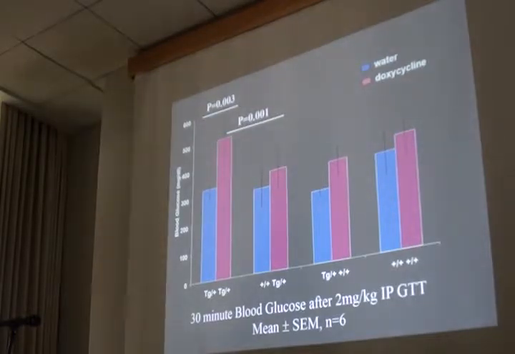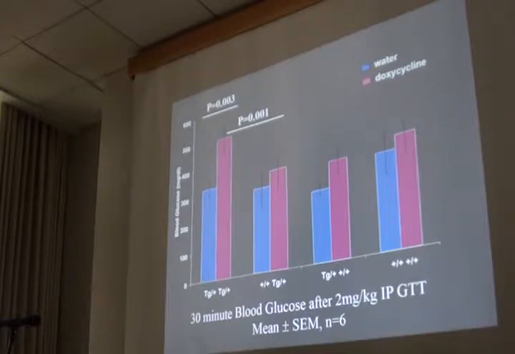Okay, and what we were able to show is that if you have both transgenes and doxycycline, then we could take their blood glucose from 300 to 500. But if we either had one transgene or the other and added doxycycline, we didn't have any significant increases in blood glucose.